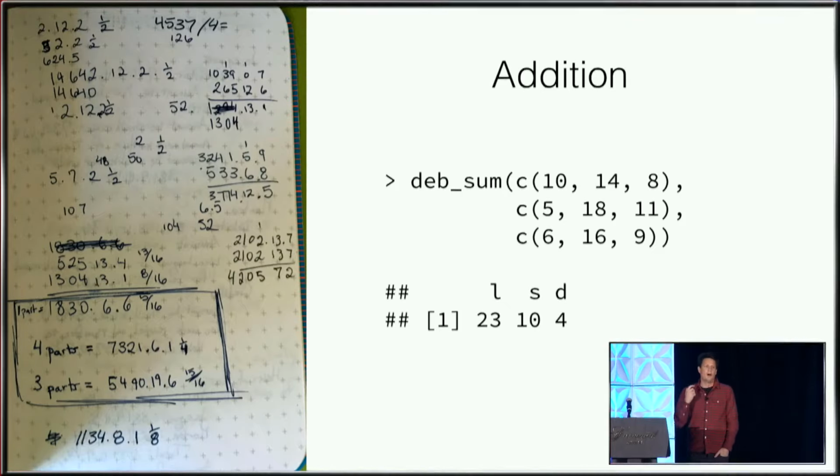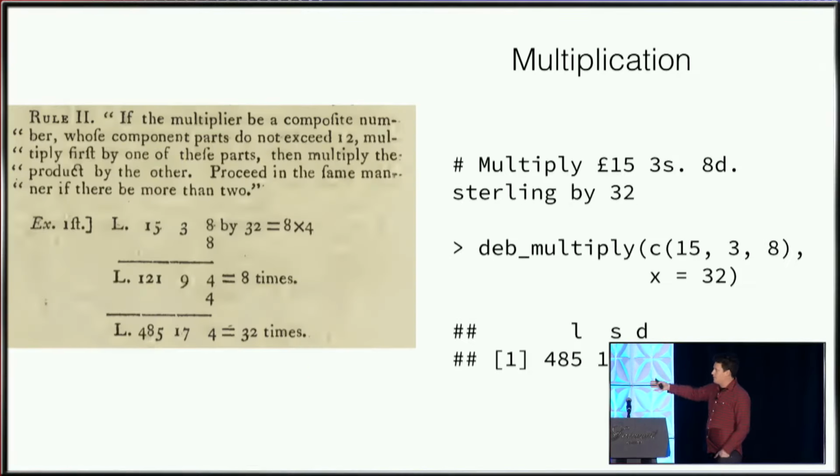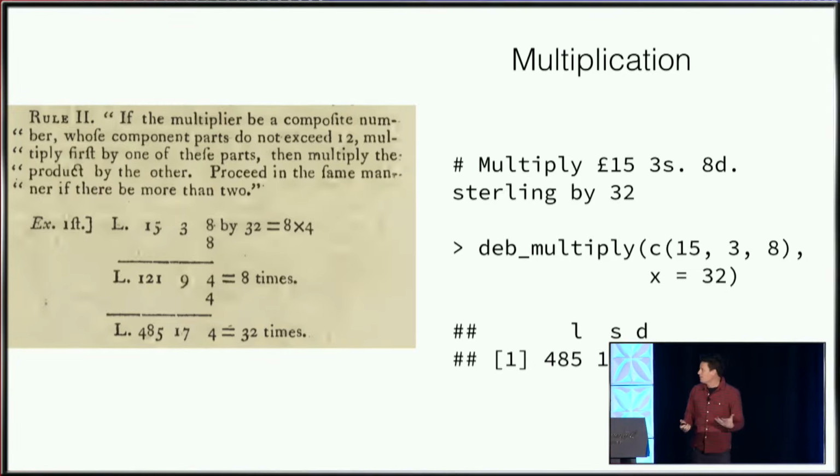Okay, so let's do some harder arithmetic. So we can compare the debkeepr method with the method from the third edition of the Encyclopedia Britannica from 1797. So this is how they actually talked about doing arithmetic. So this is in the arithmetic article.